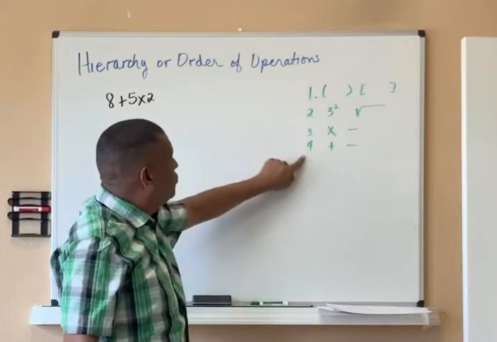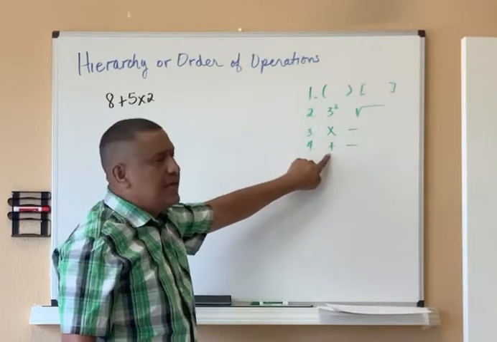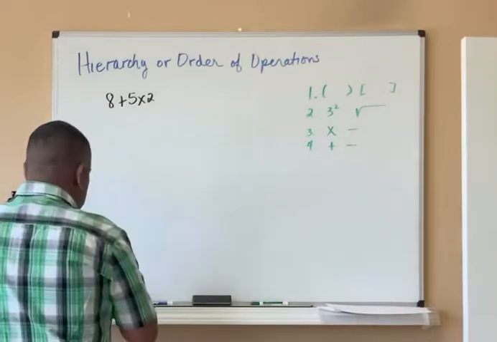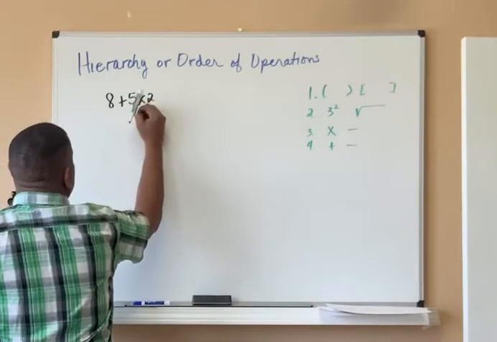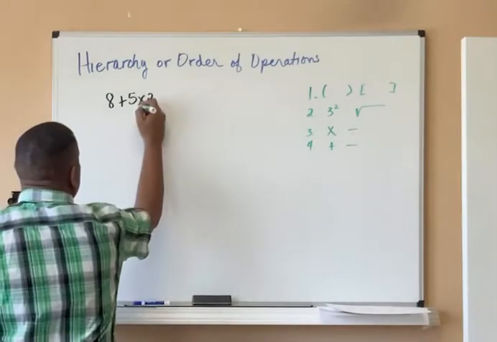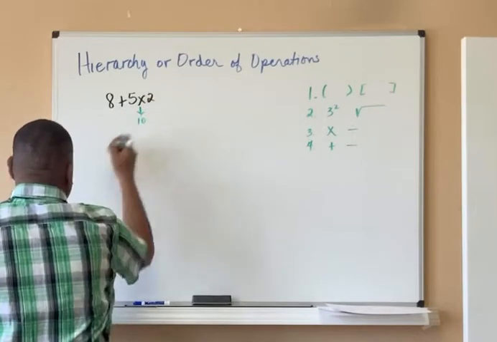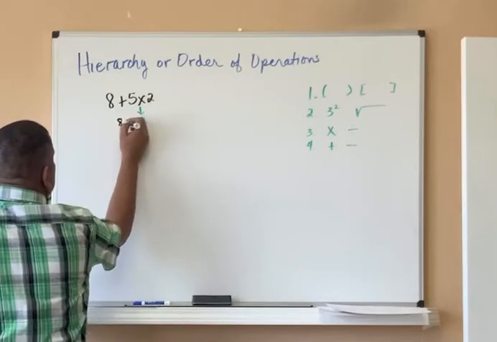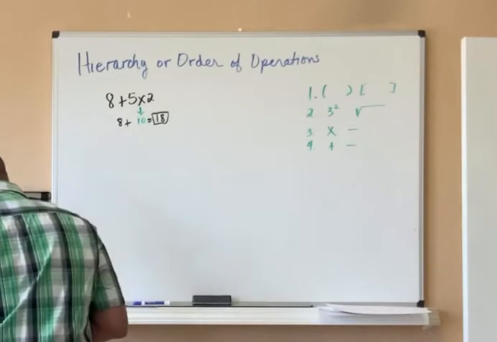We come down the rules and it says rule number 3, you work out first the multiplication and at the end the addition. So 5 times 2 is 10. We break down the problem and it'll be 8 plus 10 equals 18. So this is the answer for that problem.